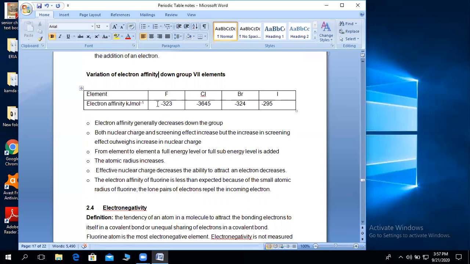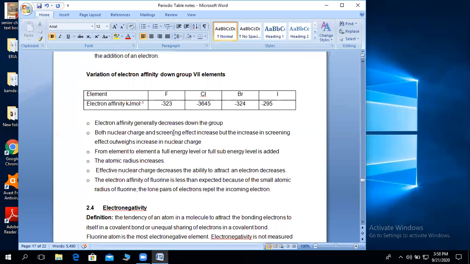So electron affinity, or the ability of an electron to be added to an atom, decreases down the group because the effective nuclear charge decreases, or the screening effect outweighs the nuclear charge. Why does that happen?